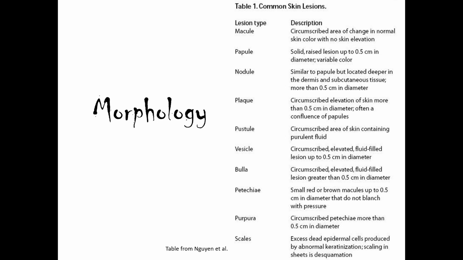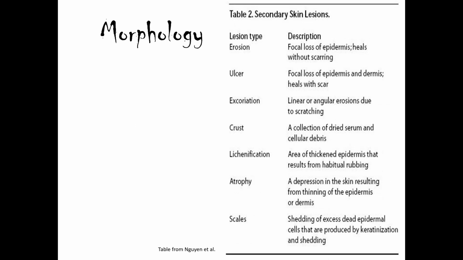Vesicles and bulli are the vesiculobullous disorder symptoms, and you should also know what is a primary and what is a secondary lesion. Some secondary lesions are erosions, like after primary lesions you have erosions. Ulcer is another secondary lesion, along with excoriations, crust, lichenification, atrophy, and scales.